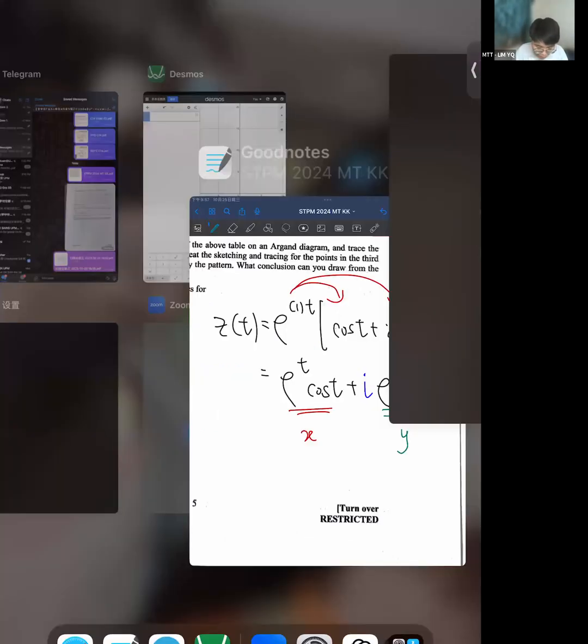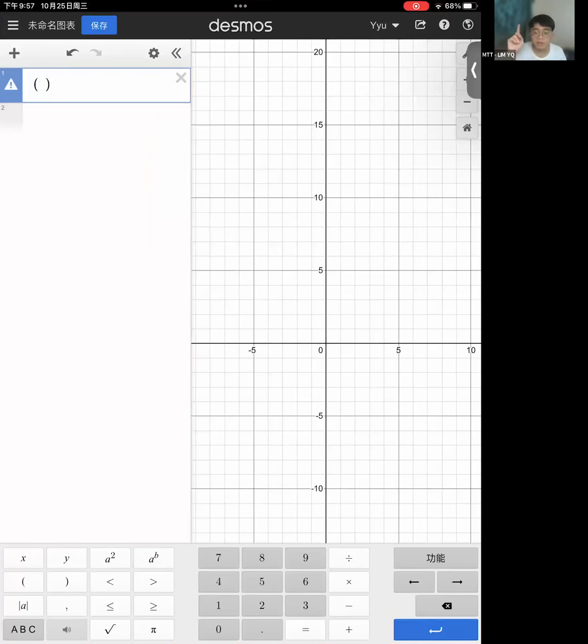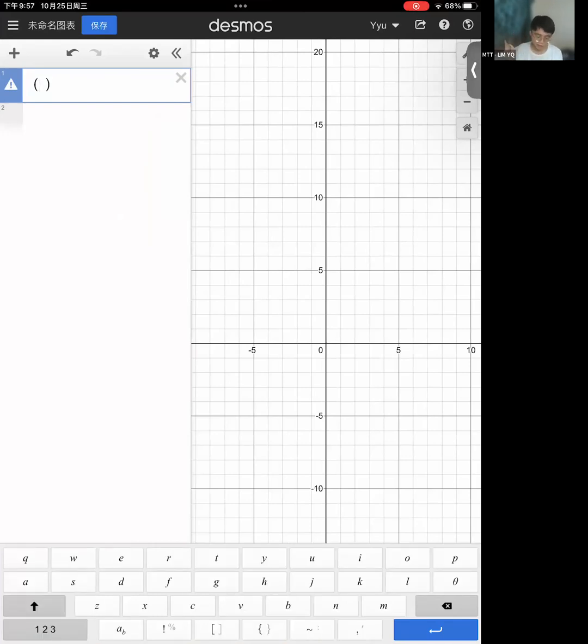Put a bracket. Do it together with me. Put a bracket, and then insert whatever it looks like. You go to here, ABC. I know if you are using a phone, it is different. Maybe later you can try using your laptop or iPad, which is better.